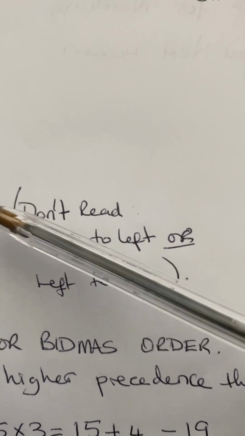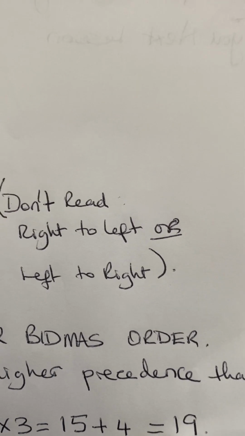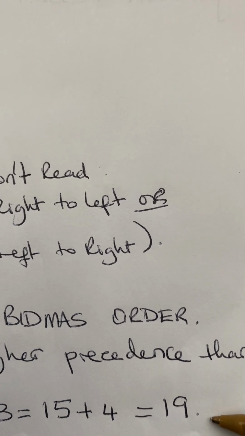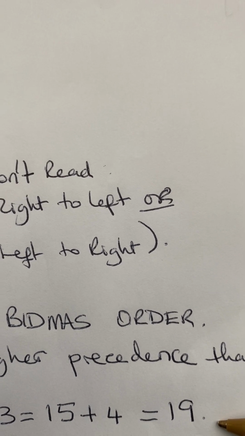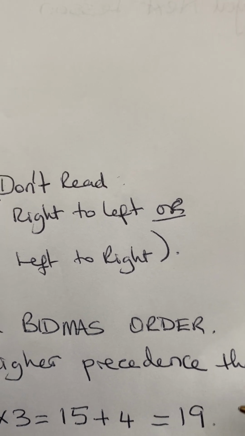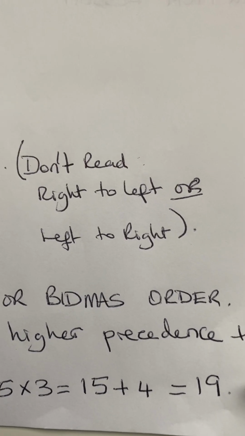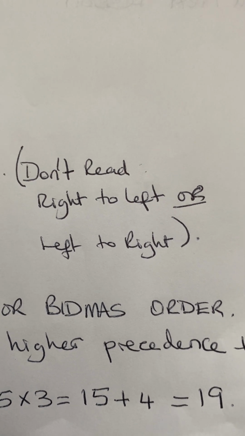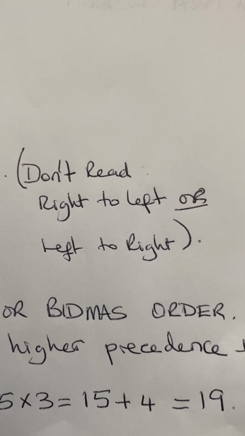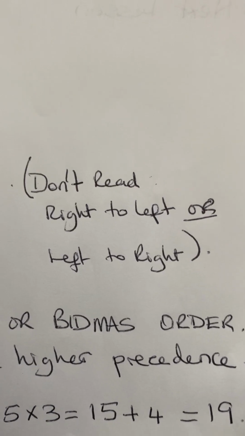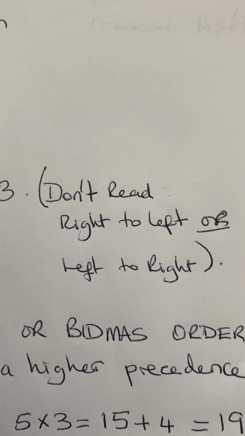Then you add 4, which will give you 19. If you do the addition part before you do the multiplication part, it is going to be wrong. It will give you a different answer, and that will be wrong.